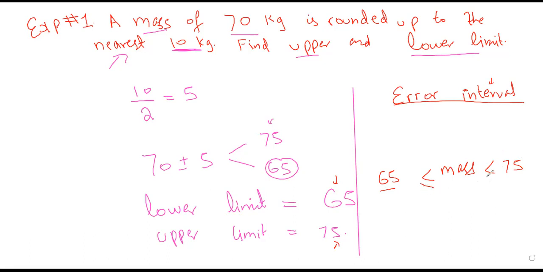But if you write down mass is less than or equal to 75, this would be wrong, right? Because if 75 is included in the range, you will get 80 when you round off 75. So this is how you write it. Okay. These are the two signs which we use. Anything that you have not understood so far?